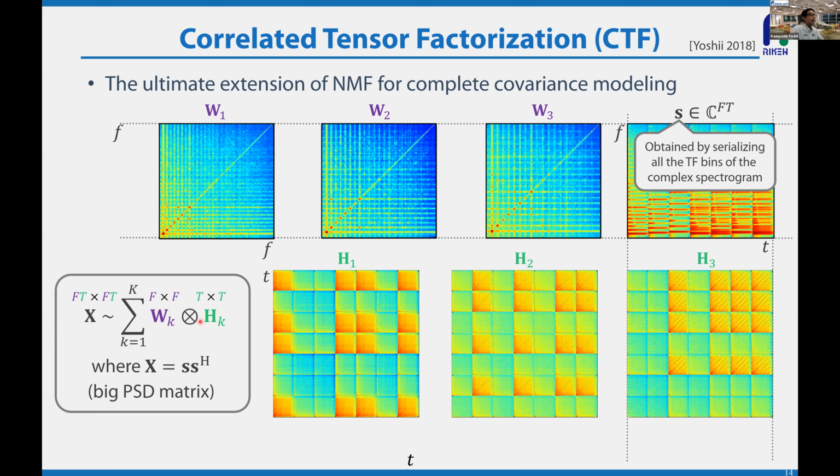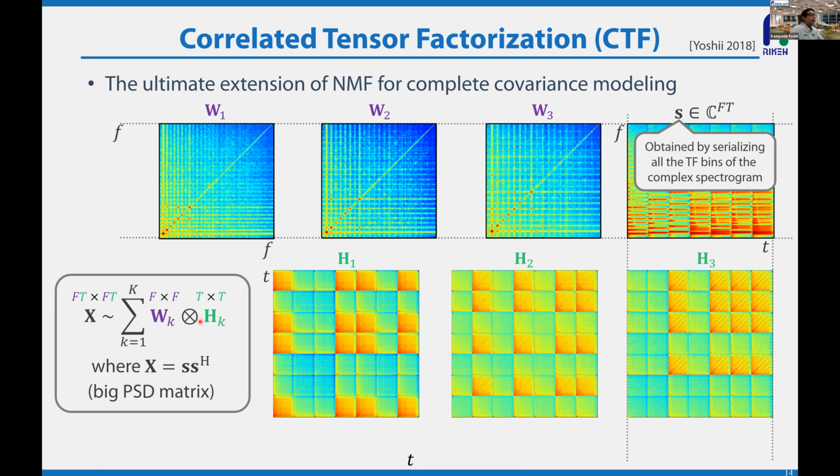What is the constraint used for fast CTF? It is a joint diagonalization constraint. We assume that the frequency-domain covariance matrices are jointly diagonalizable, like this. There are K sources, K components, and each basis matrix is assumed to be decomposed like this.